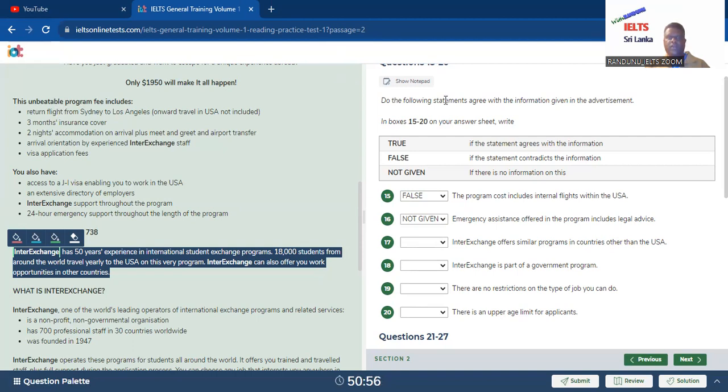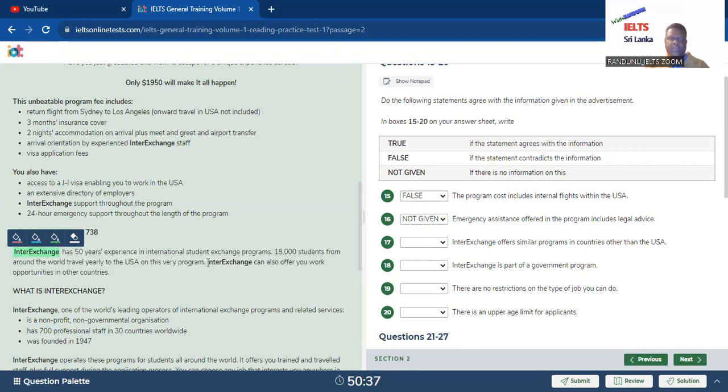Okay. Most of you have given the answer as true, and I have got another answer as false. Let's see. Interchange offers similar programs in countries other than USA. I think the answer is true because they say here, Interchange can also offer you work opportunities in other countries.